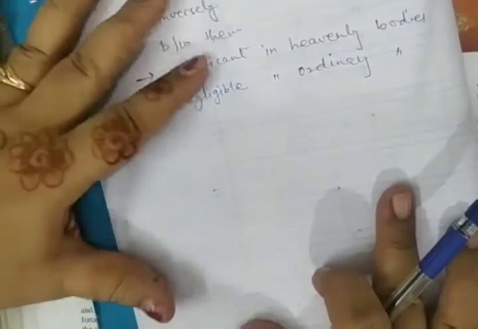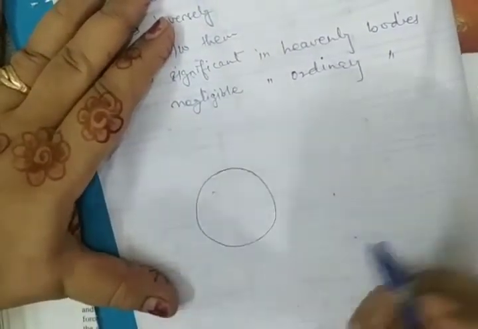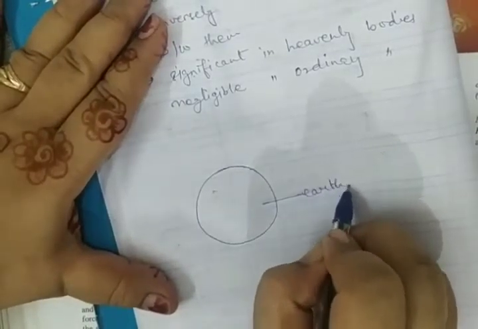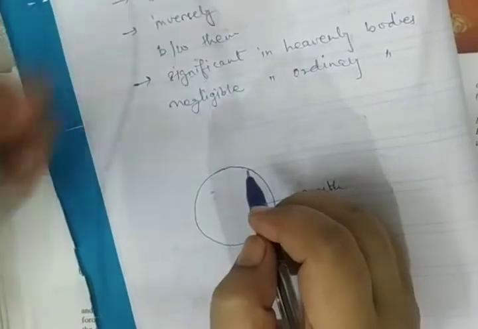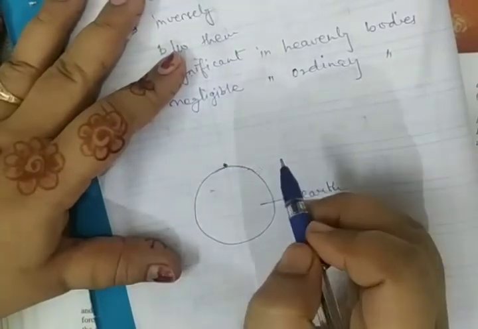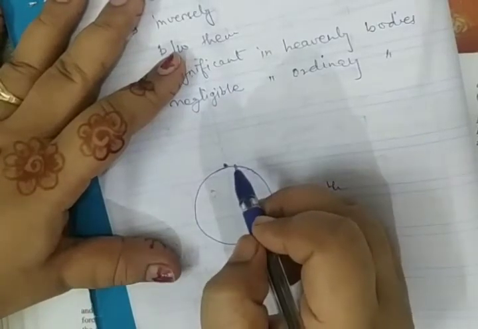Now see, if there is anything kept on earth, suppose this is earth, all the objects, everything is kept on the surface of the earth. Okay, it may be kept at some height from the surface of the earth, right?